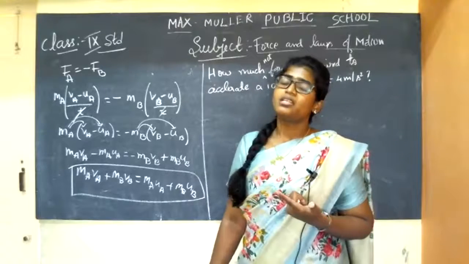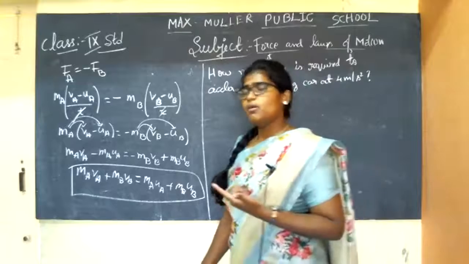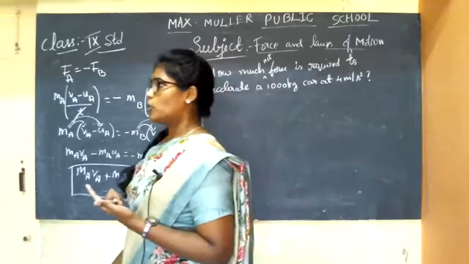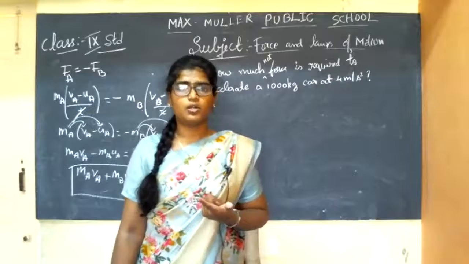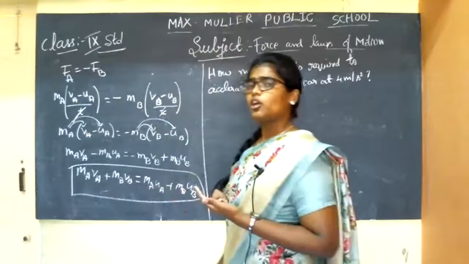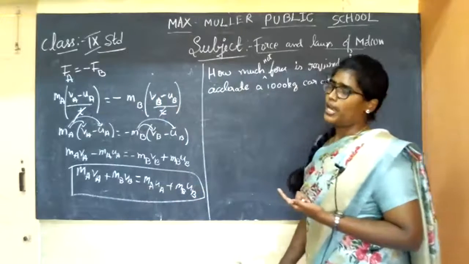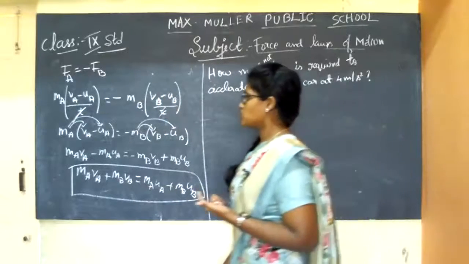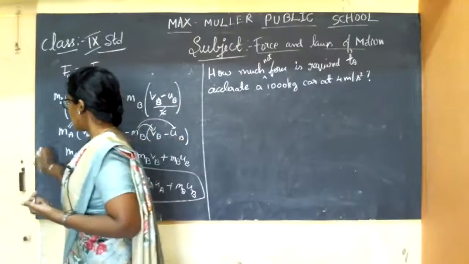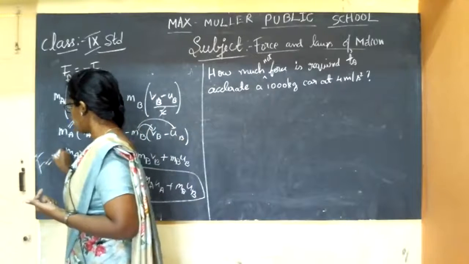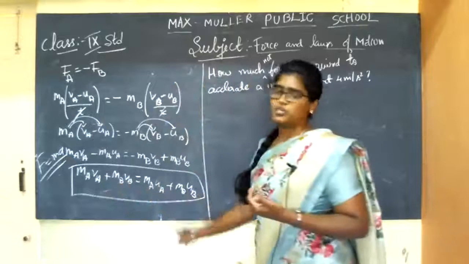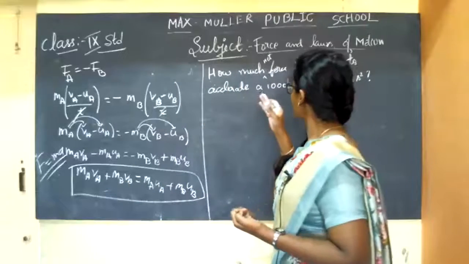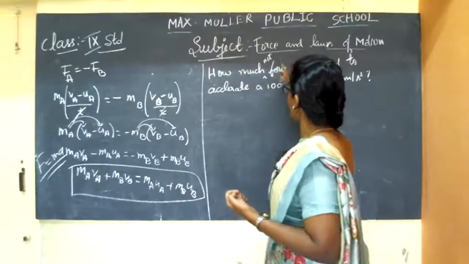It says the sum of the momentum of an object before collision and the sum of the momentum after collision will be equal to each other. And Newton's second law says F is equal to ma. These are the two formulas you need to remember when you are going to solve the problems. Clear?